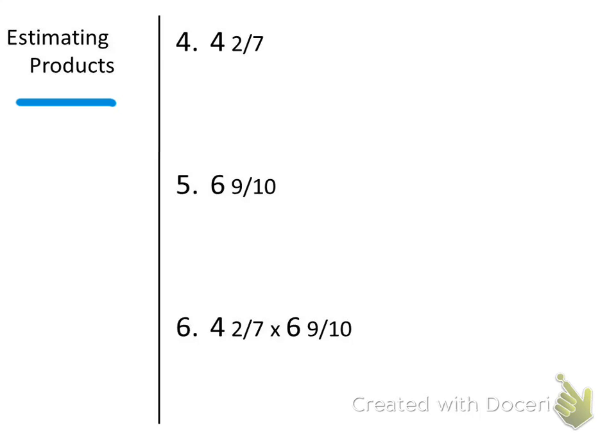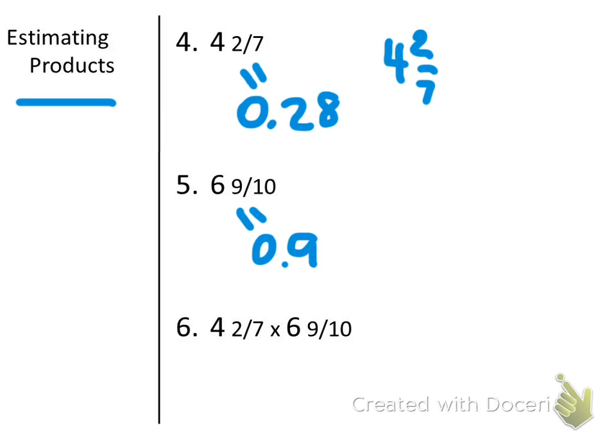Well, 2/7 is about 0.28, and 9/10 is about 0.9. So I'm going to estimate 4 2/7 to be about 4. That's right, because 2 is closer to 0 than 5.